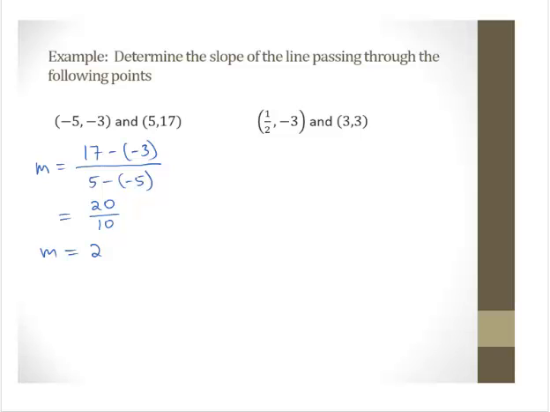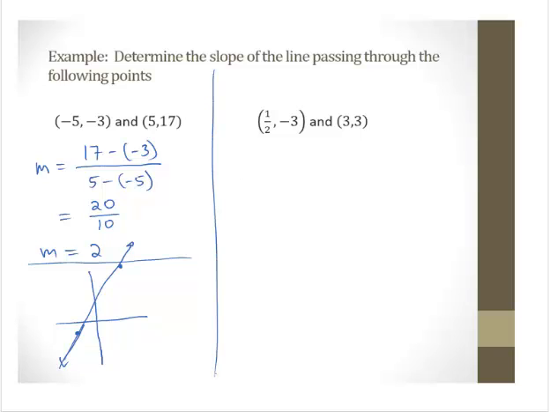So we say that the slope of this line passing through those points is 2. Notice that that's a positive value. And just really quick, if we were to get a very rough sketch of these points, -5, -3 might be here, and 5, 17 might be way up here. And if we drew the line through those points, one thing I want you to notice is that the line rises from left to right.